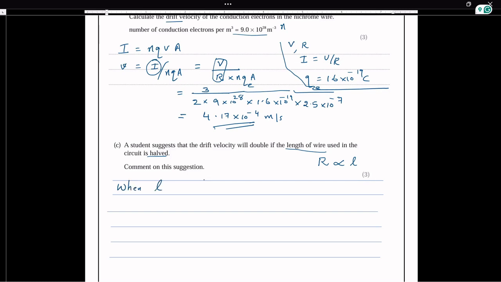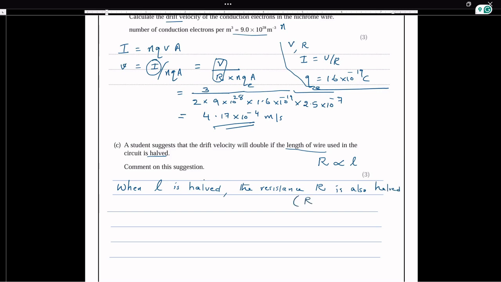When L is halved, that means the resistance R is also halved.